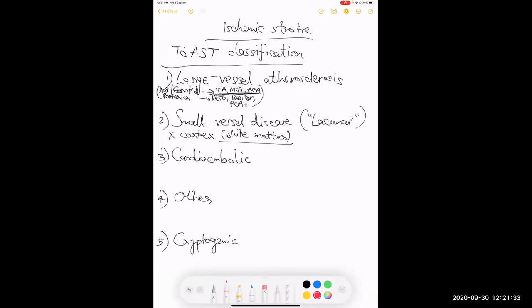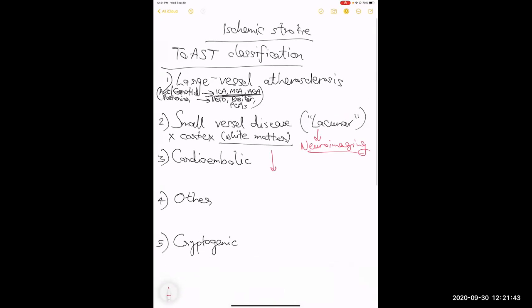Small vessel disease or lacunar strokes are defined actually based on neuroimaging. When they did not have MRIs, they used to classify this clinically into various different categories like pure motor stroke, pure sensory stroke, sensory motor stroke. So pure motor meaning they just have weakness, pure sensory meaning they have tingling numbness on one side, sensory motor meaning they have both.